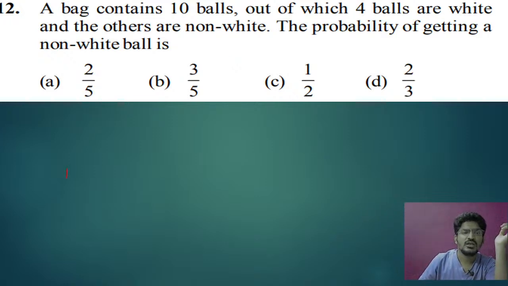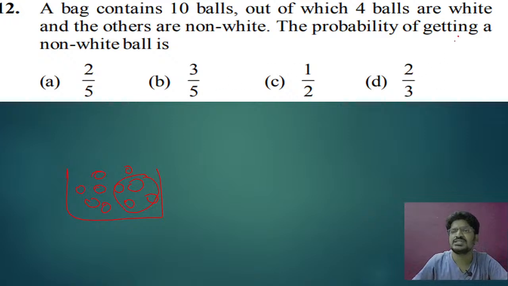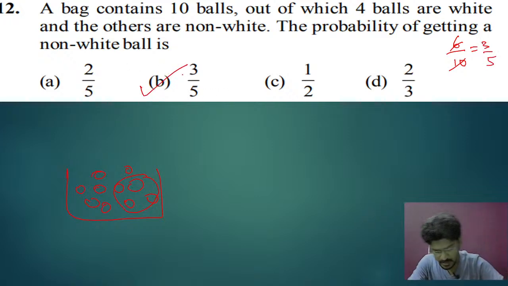See, there is a bag. In this bag there are 10 balls. In them 4 are white balls. The remaining are non-white. They are asking for the probability of non-white. Non-white means 6 divided by 10. That will be 3 by 5. So the answer is 3 by 5.